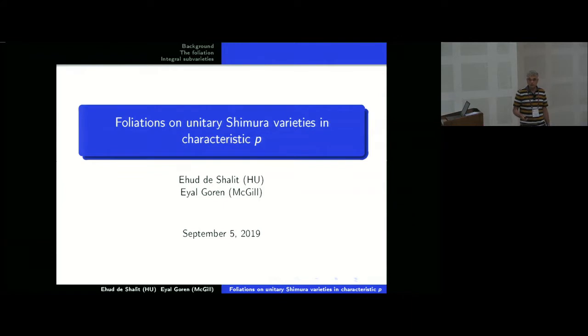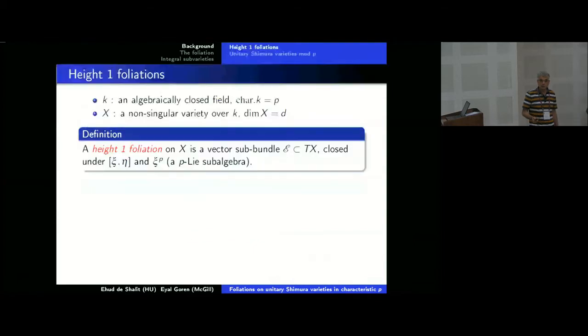And it's connected to some classical notion in algebraic geometry of foliations, and I'd like to start with just pure algebraic geometry in characteristic p. So the idea is this: you have an algebraically closed field in characteristic p, and you have a non-singular variety X, maybe affine, of dimension d.